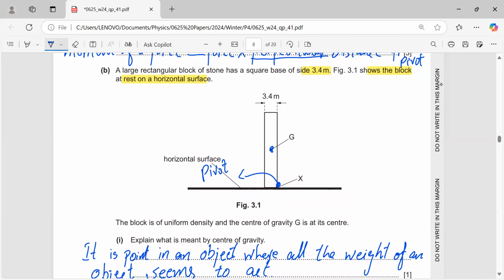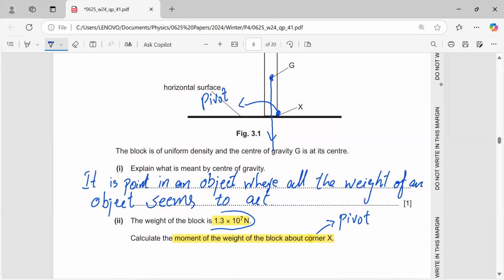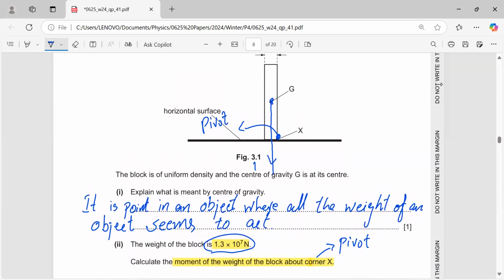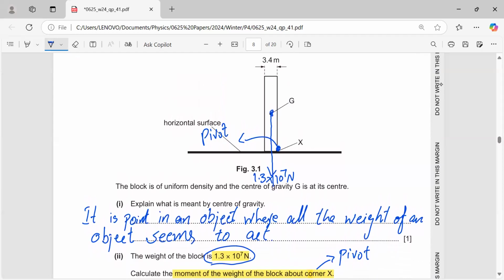The force, that is the weight, is acting downward, and they are saying that its value is 1.3 into 10 raised to the power 7 Newton. You know, the moment is the product of force into the perpendicular distance. So this is the perpendicular distance to the pivot.